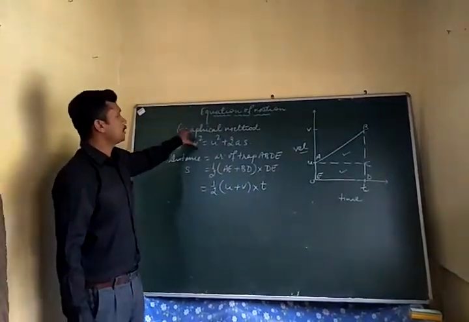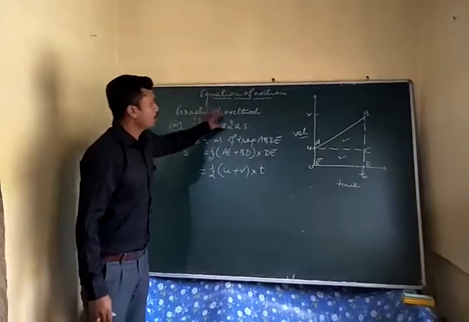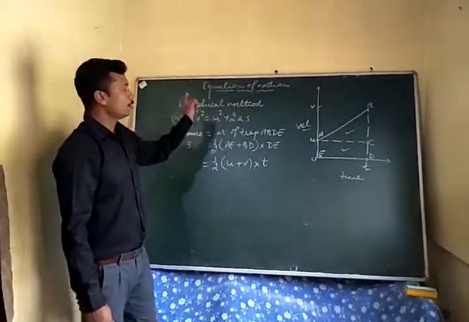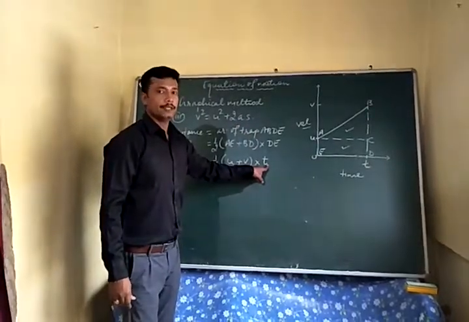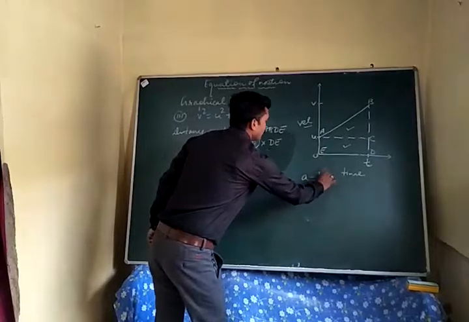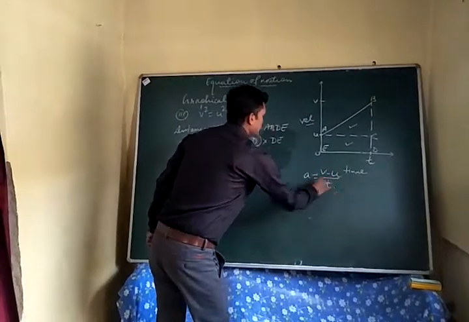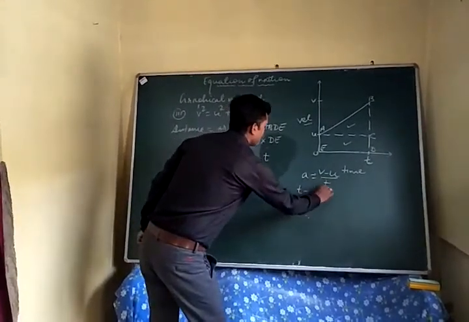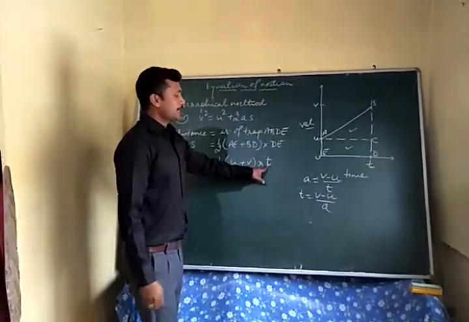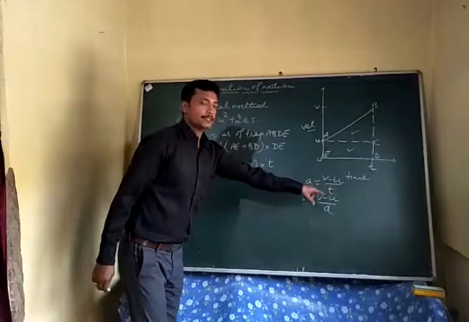So if you see the third equation, you don't find t anywhere. That is, time is not used here. So we are going to replace the value of t using the equation of motion a = (v − u)/t. So t can be written as (v − u)/a. So this t can be replaced by this value (v − u)/a.